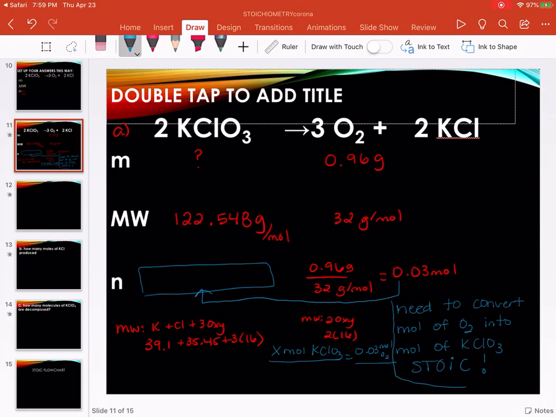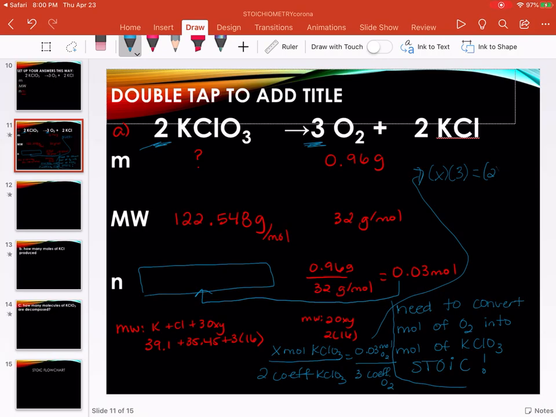We have the moles of oxygen. And what do we put in the bottom? The coefficients, the 2 and the 3. Okay, so now these ratios are not perfect. I'm really sorry, guys. I'm going to finish this out up here where I have space.